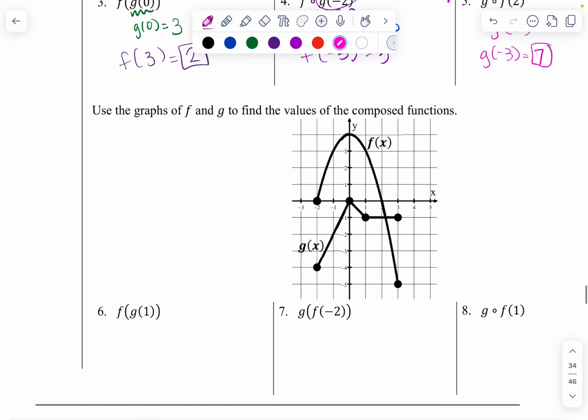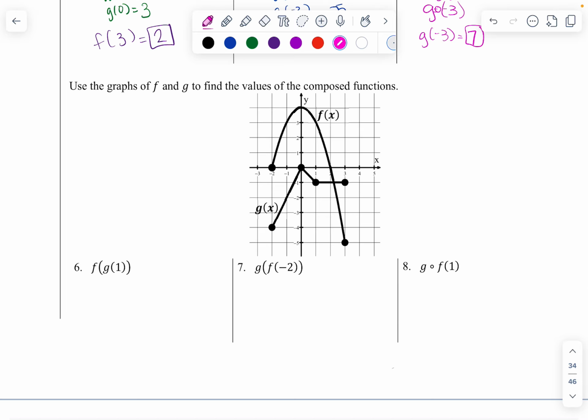It says use the graph. So now, instead of using the function or a table, we're going to use the actual graph. To find g of 1, remember this is when x is 1. We look at where x is 1 and follow it up to the g function. Here's the g function, and here's the f function.